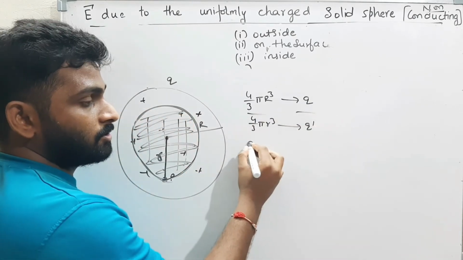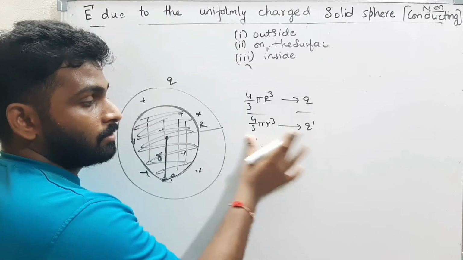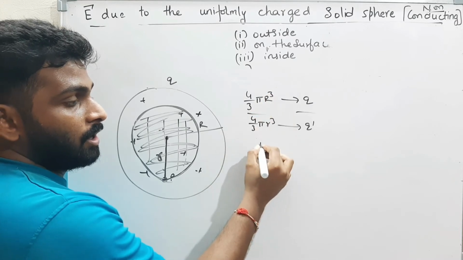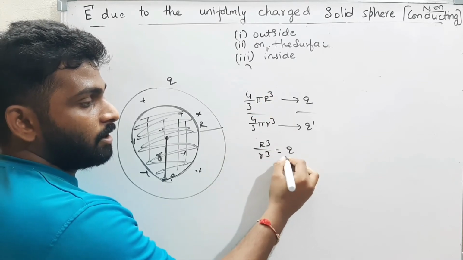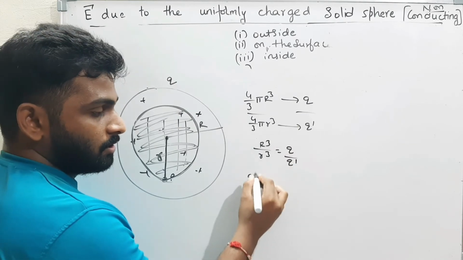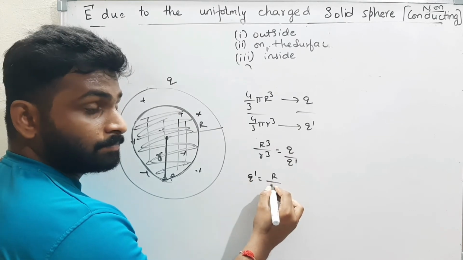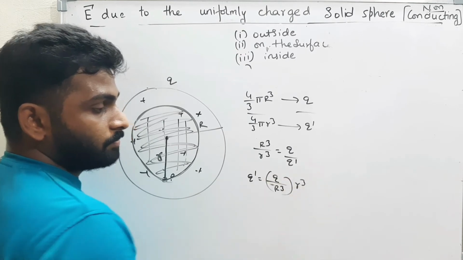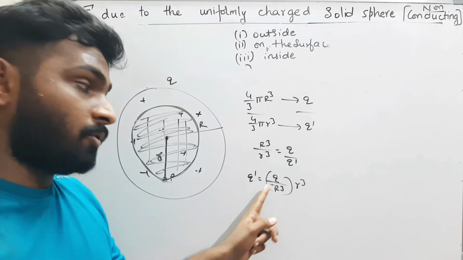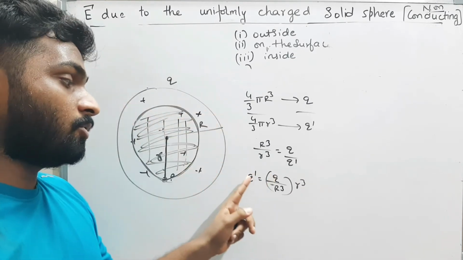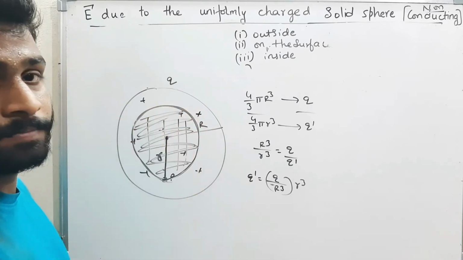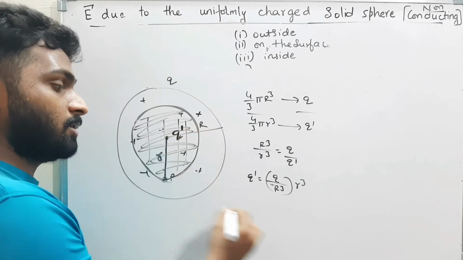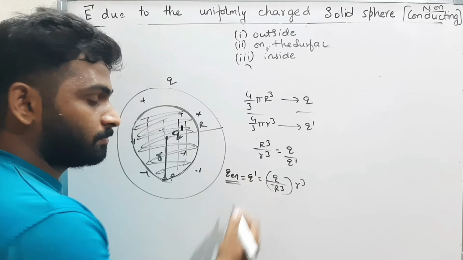Now divide them. 4 by 3 cancels off, pi cancels off, only R cube by small r cube is equal to Q by Q dash. So Q dash is Q by R cube into small r cube. If Q is the charge present in the whole volume, then Q dash is the charge present in this Gaussian surface. I think that is clear. The charge present in this Gaussian surface is Q dash, which is nothing but the Q enclosed.